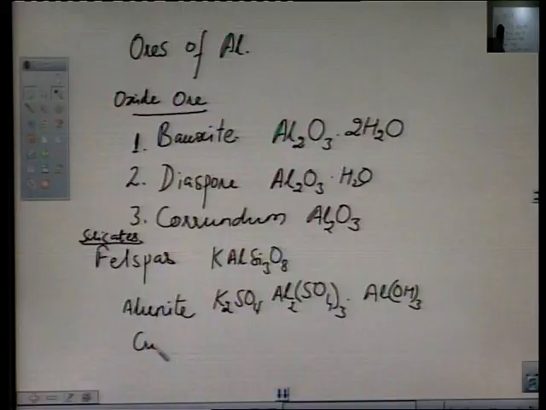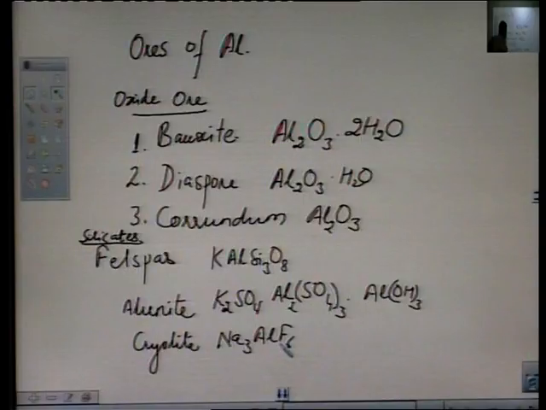Next is cryolite. Another ore of aluminium is cryolite, that is Na3AlF6. So, these are the ores of aluminium. Next are the metallurgical operations.